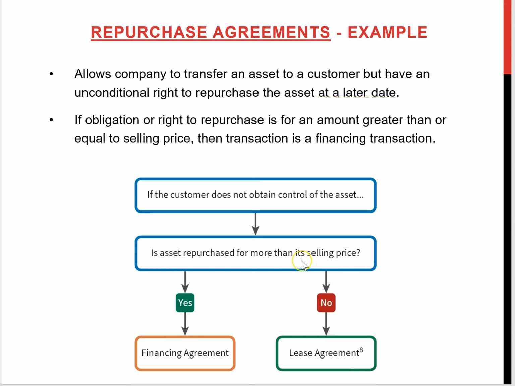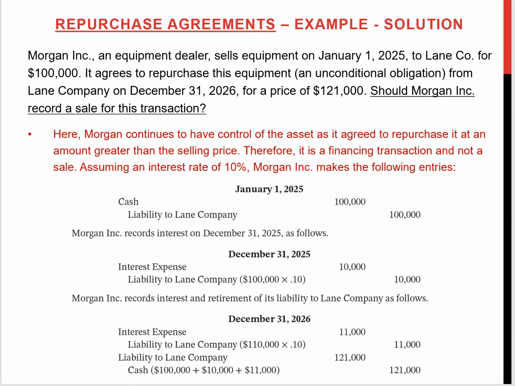If the repurchase price is higher than the sales price, we will consider it as a financing agreement. And whenever it's a financing agreement, remember, you have to consider the interest on it. On the other hand, if the repurchase price is less than the sales price, it will be a lease agreement.